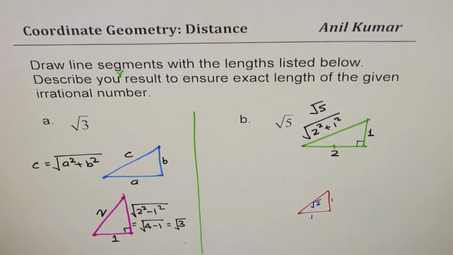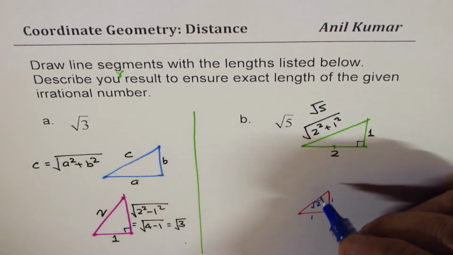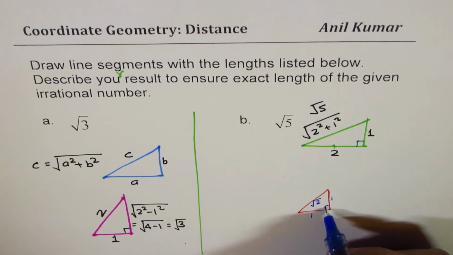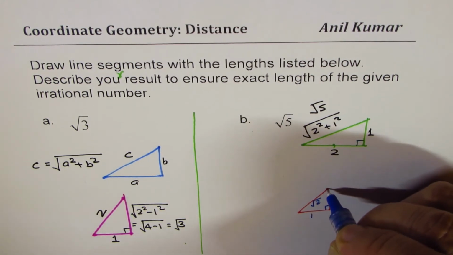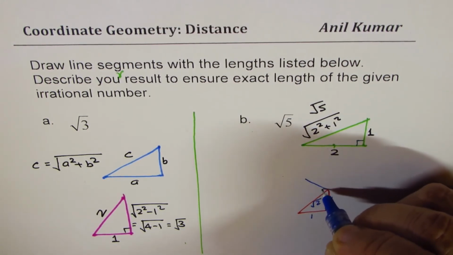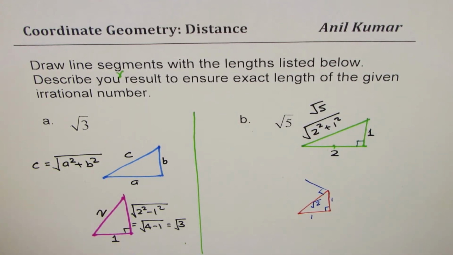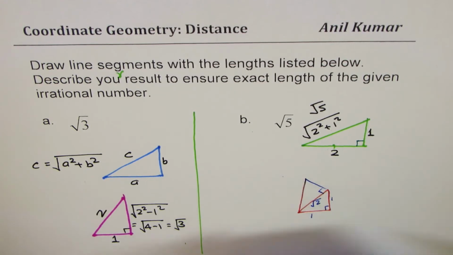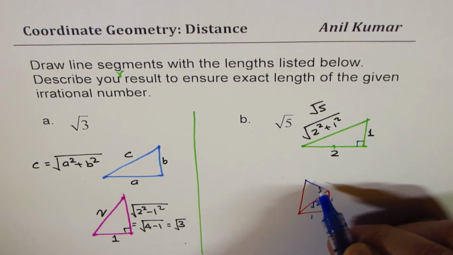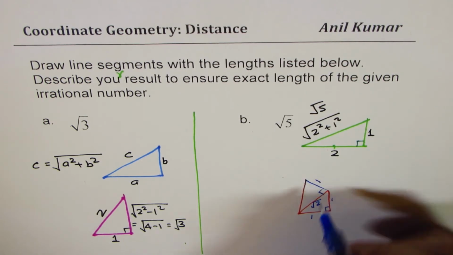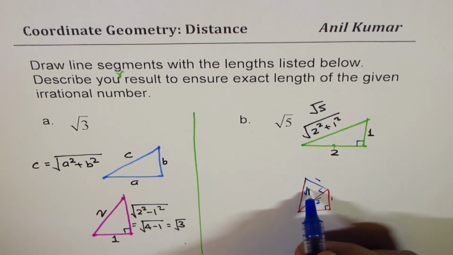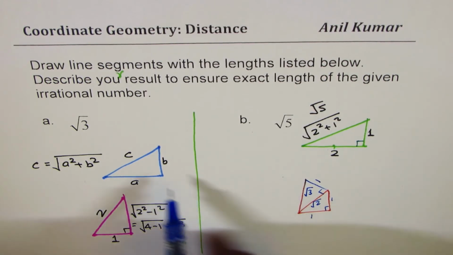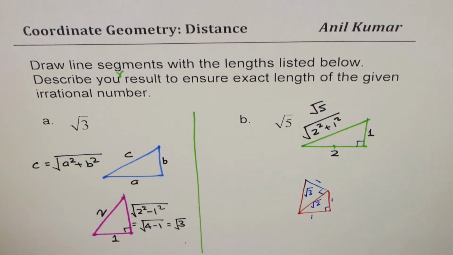Perfect. Now, if I make a change here, and this is 90 degrees, if I again have one unit in this direction, which is perpendicular, correct? And then if I join it, you will see that the base is square root 2, this is 1. When you square them, you get this side as square root of 3. So you could do square root 3 in this fashion.